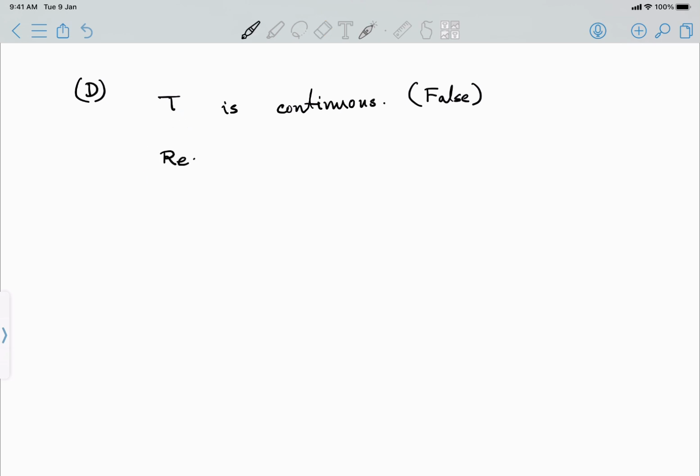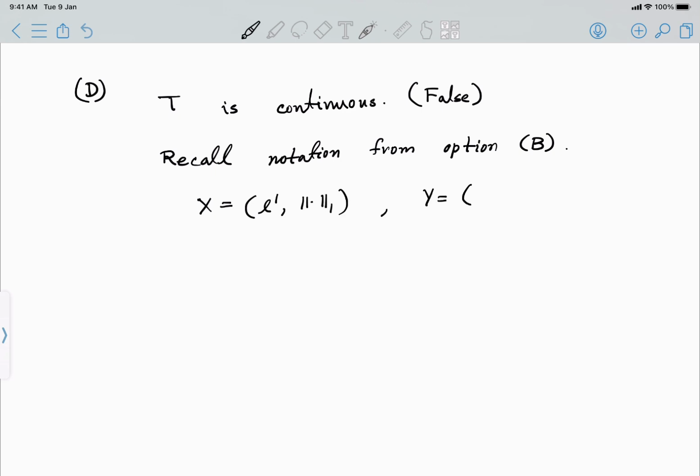You recall the example from option B. What was there? X is L1 with respect to the L1 norm. Y was L1 with respect to the L2 norm.